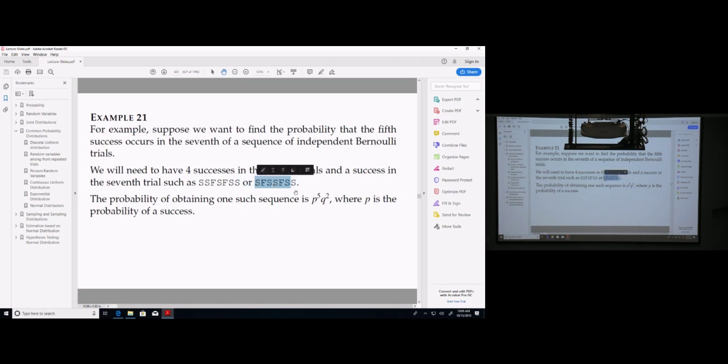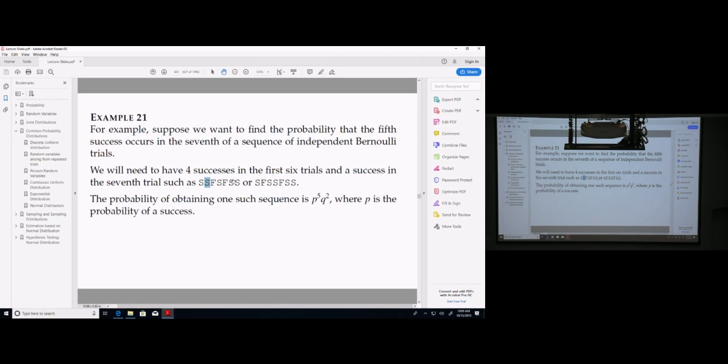For this particular case, I have a P here for success, and also a P here for success. So altogether, I have to multiply the P whenever it corresponds to S, and then 1 minus P whenever it corresponds to F.